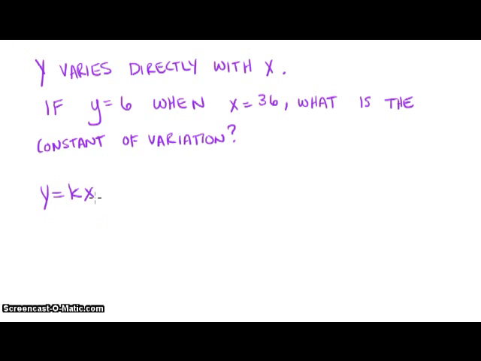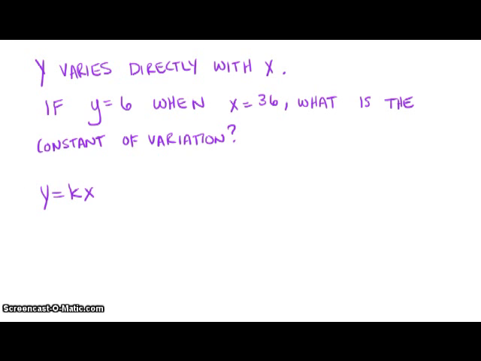Y varies directly with x. And then this says if y equals 6 when x equals 36, what is the constant of variation? This is the constant of variation, this k value. And they're giving you a y value and an x value. So then all you have to do is plug in and solve for k.